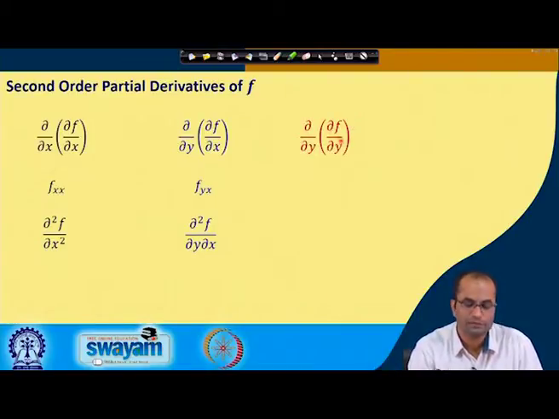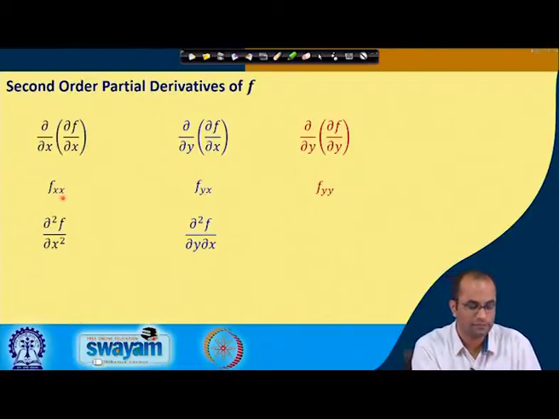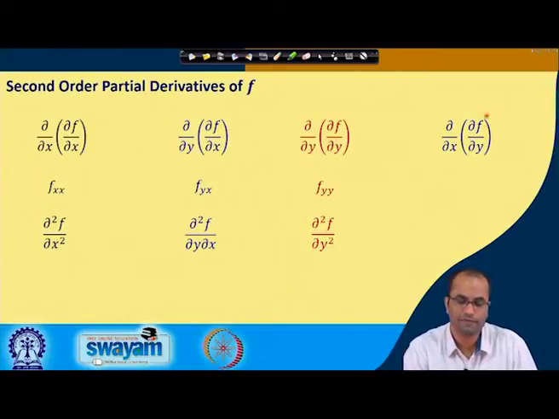Similar notation is used for 2 times the partial derivative with respect to y, which we denote as f y y or del 2 f over del y 2. Or we can first take the partial derivative with respect to y and then the partial derivative with respect to x.